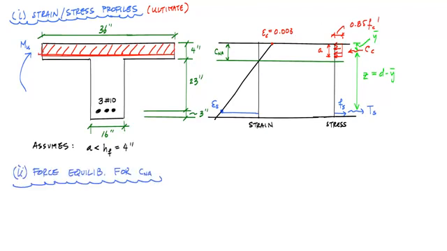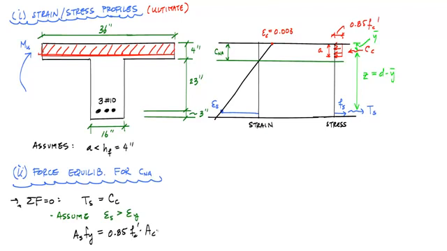Alright, so the next thing I want to do is utilize my force equilibrium equation to determine the neutral axis depth, the c and a. The way I'm going to do that is just sum the forces, the horizontal here, equal to 0, and that just tells me that T sub S is equal to C sub C. And if I assume that the strain in my tension steel has yielded, then I can substitute, and I have that T sub S, As fy, is equal to 0.85 times fc prime times the area in compression.